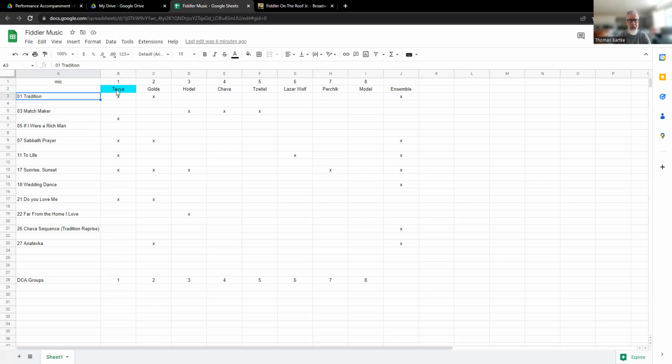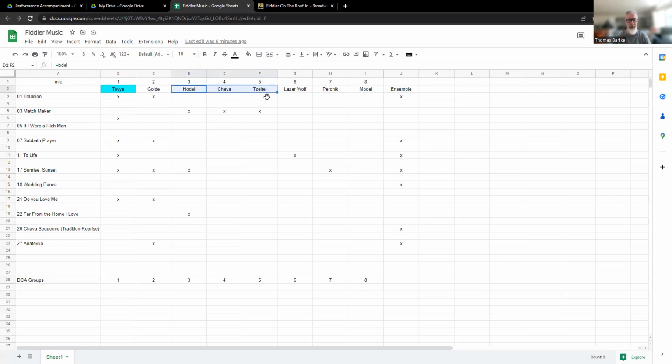Tevye is the main guy. You can see he has the most solos in all of his singing numbers. And then Golde is his wife. These 3 here are their daughters, and Lazar is the love interest of Tzeitel. That's the reason why I'm organizing these three daughters this way.